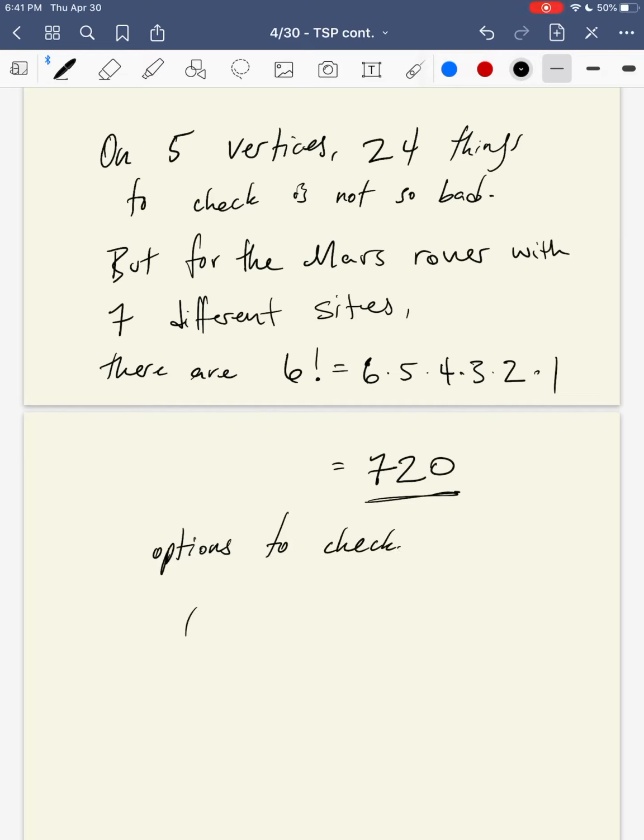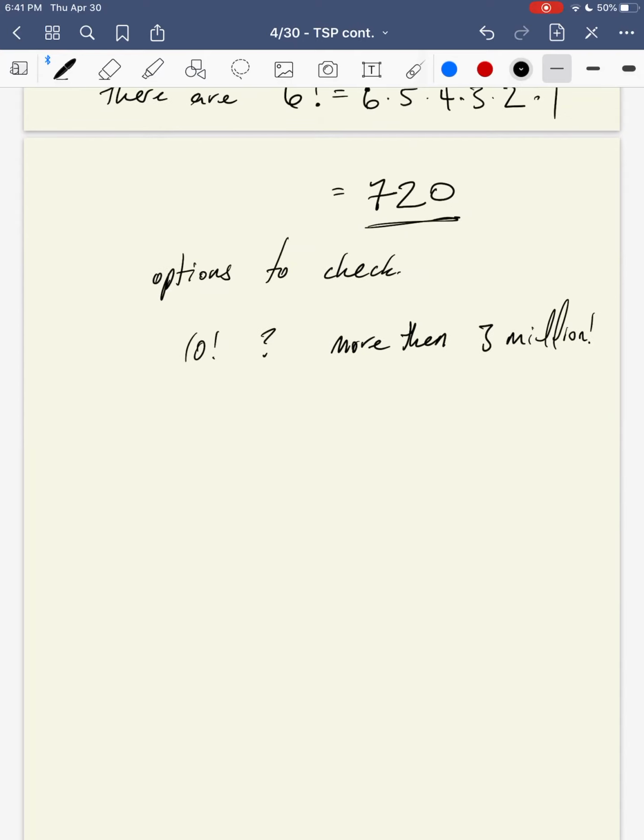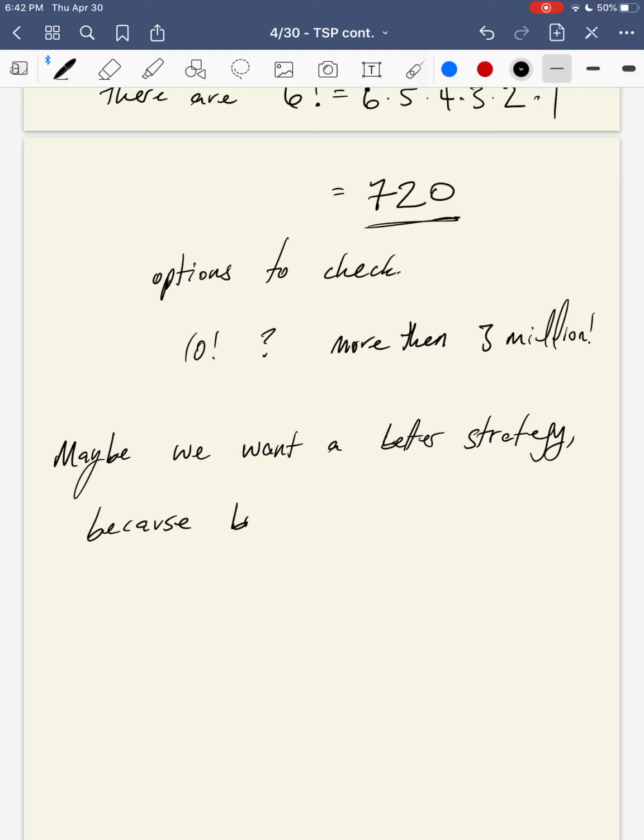But 10 factorial? This is more than 3 million. Okay. So that's a lot. So maybe we want a better strategy, because brute force is quite inefficient.